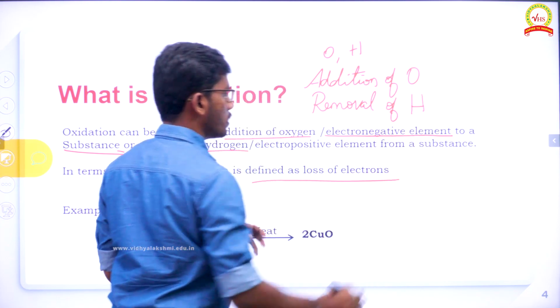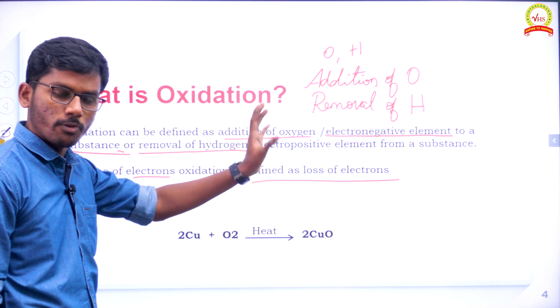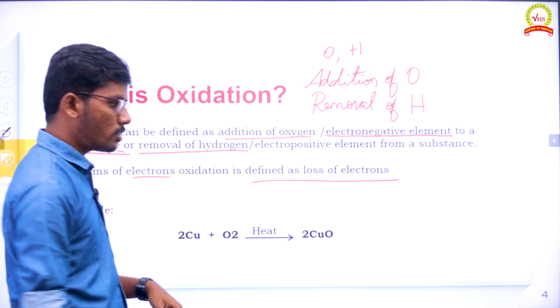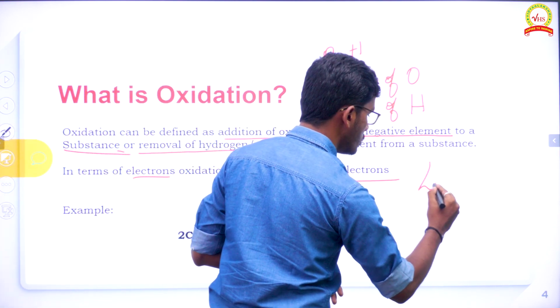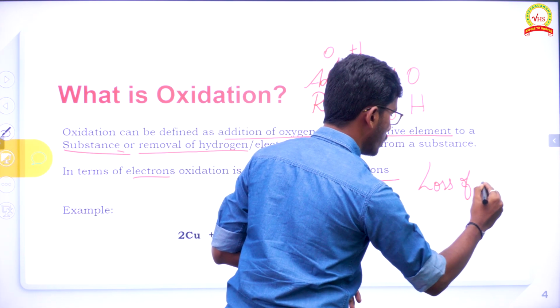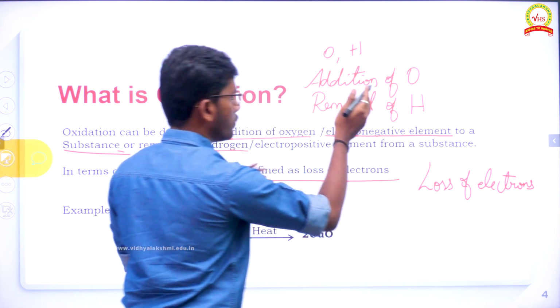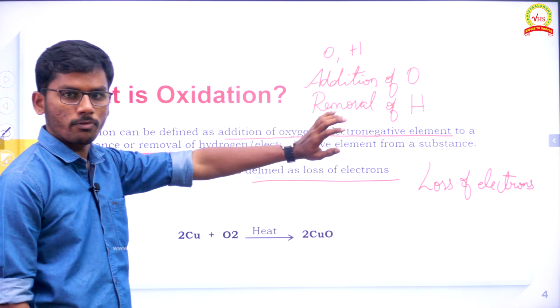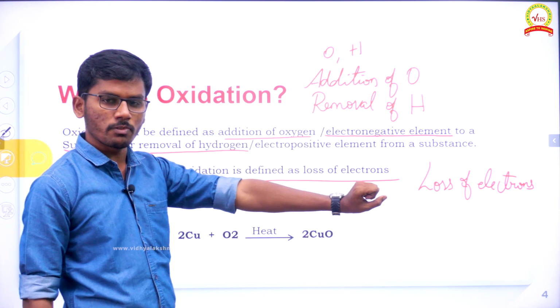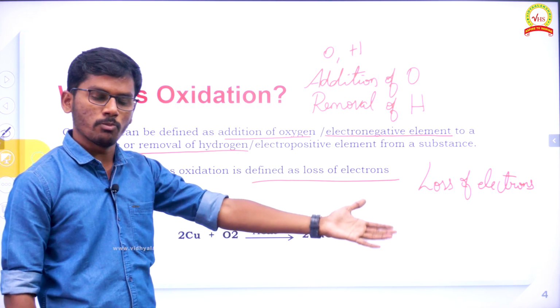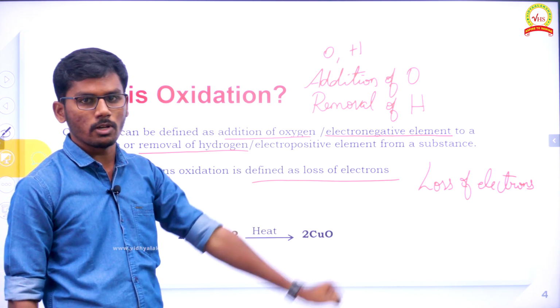In terms of electrons, oxidation is defined as loss of electrons. At this level you will be studying the terms of addition or removal of hydrogen or oxygen, but in terms of electrons you will not be studying at this level. When you move to the higher grade, you will be studying specifically about this.